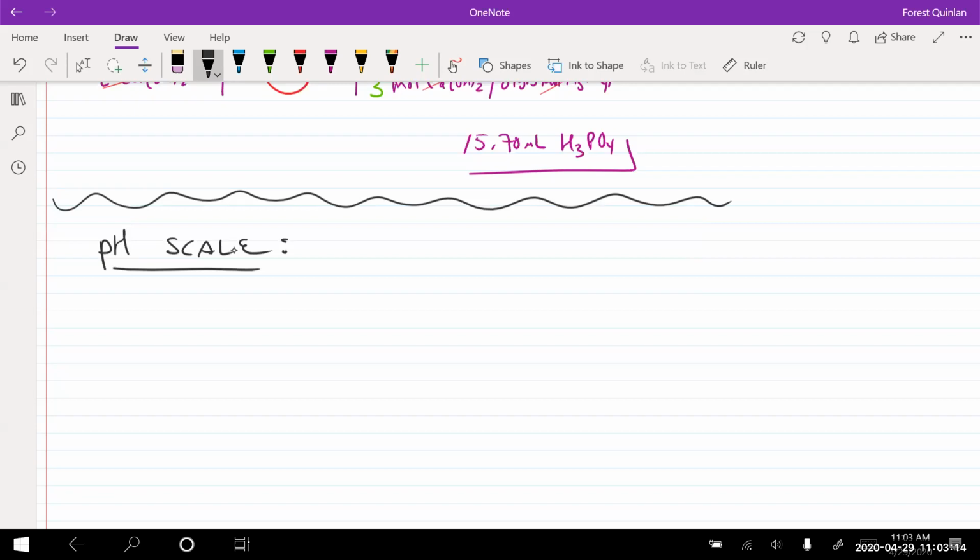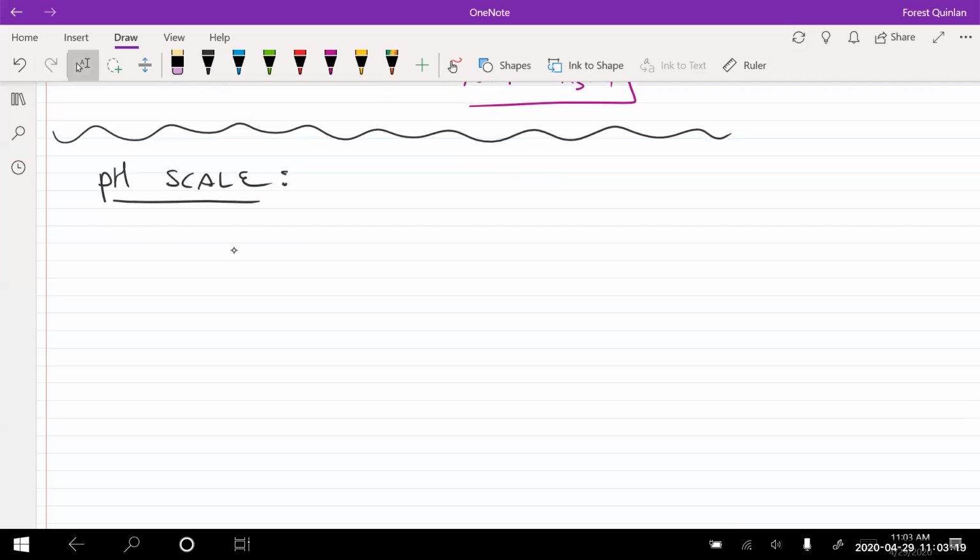So the pH scale. I want to talk about the pH scale and concentrations of H plus, which we are going to be writing now like this.